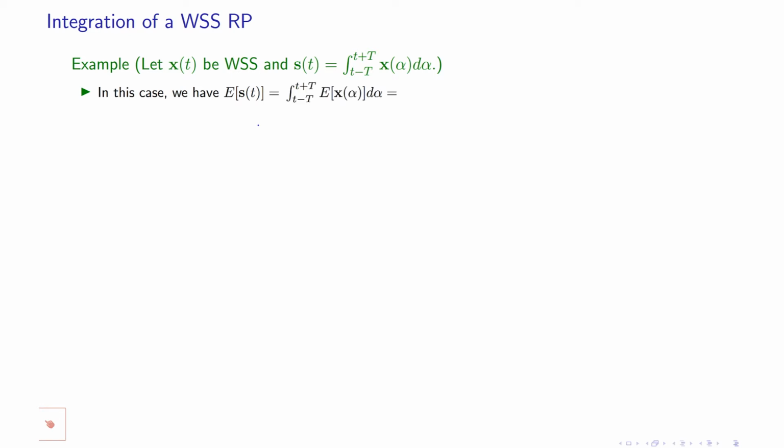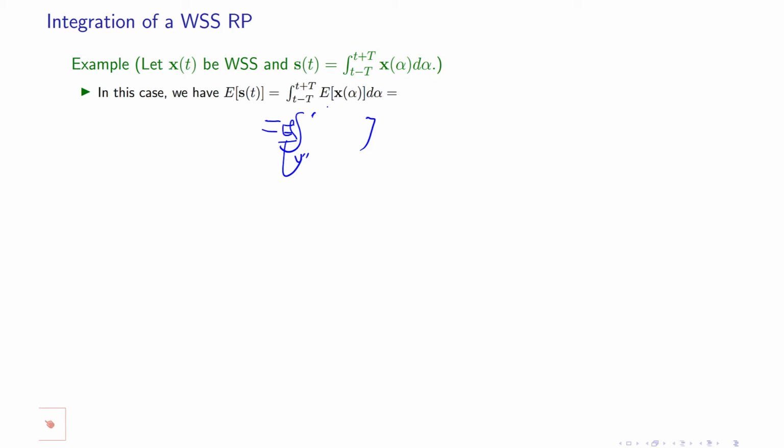Obviously, s of t is an integral, so its mean is the expected value of an integral. Remember that expected value itself is an integral over the distribution, and the boundaries of these two integrals are not a function of each other, so you can change the order of the integrals. So you could put the expected value inside the integral, and then you get the expected value of x of alpha.